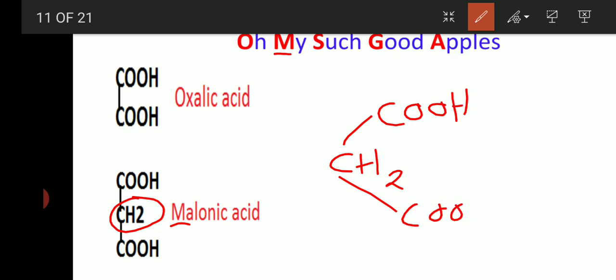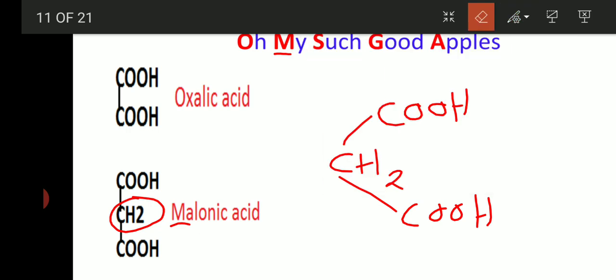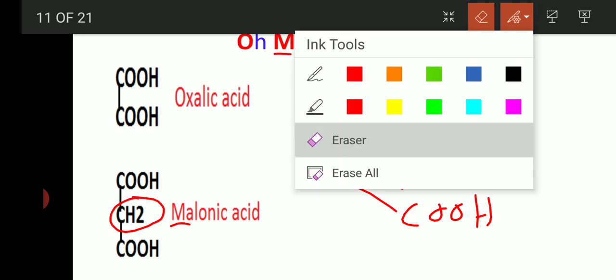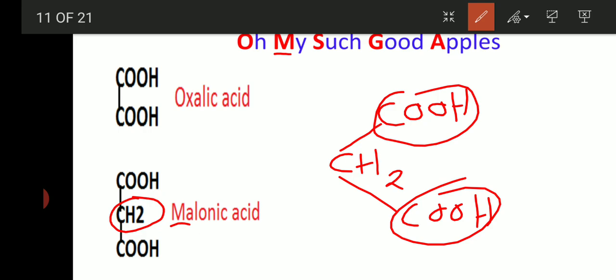While writing this also, we shall remember that the bond must be kept between C and C only. If you keep the bond like this, it will be wrong. Please concentrate on where the bonds are kept in organic chemistry. This is the second dicarboxylic acid, malonic acid.